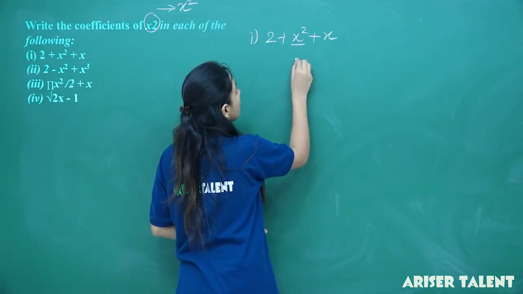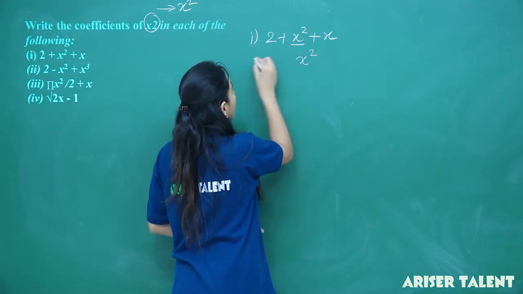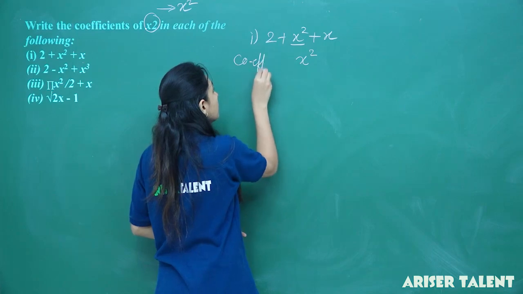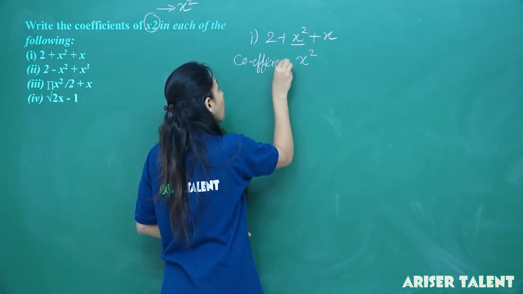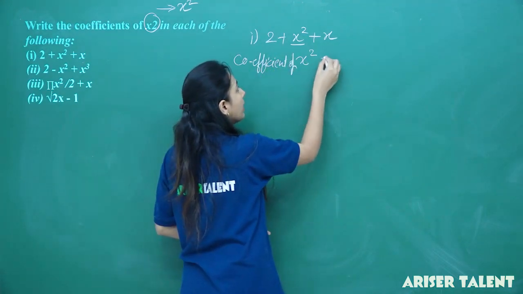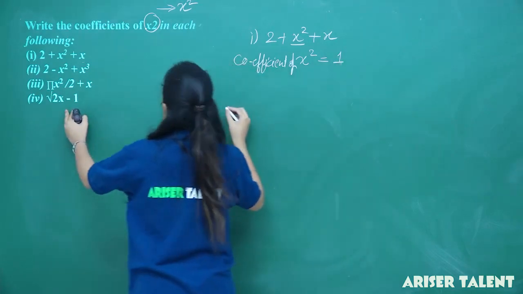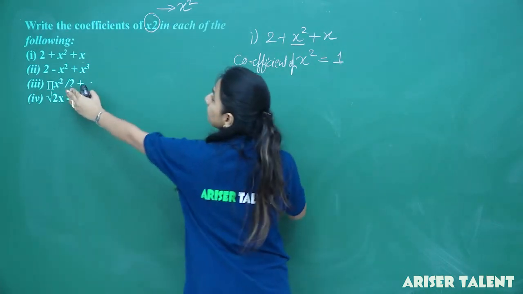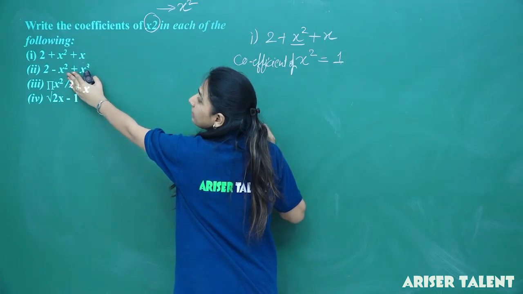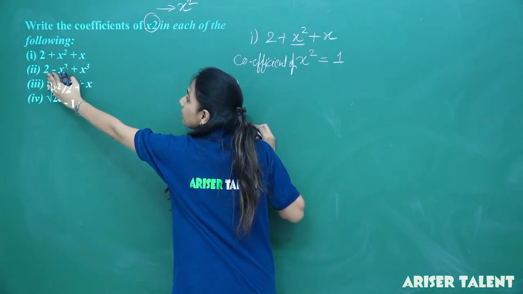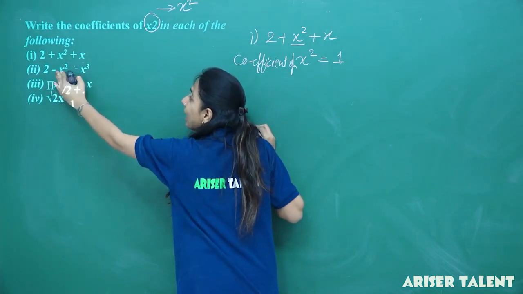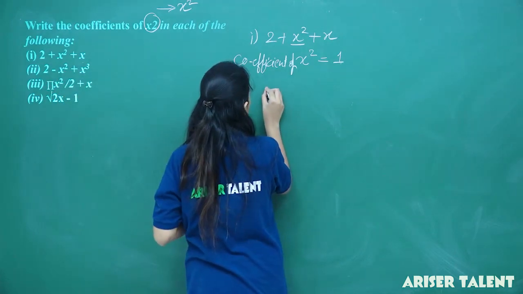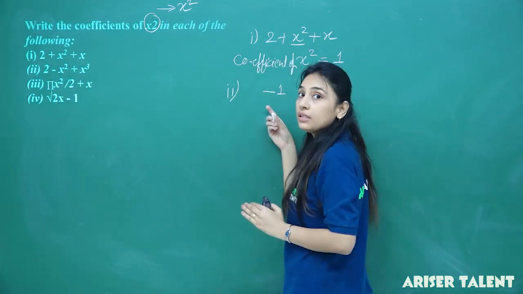So, yes, coefficient of x square equals 1. In the second one, look carefully, x square is here. Now, the coefficient of this is not 1 but minus 1. So, that will be minus 1.